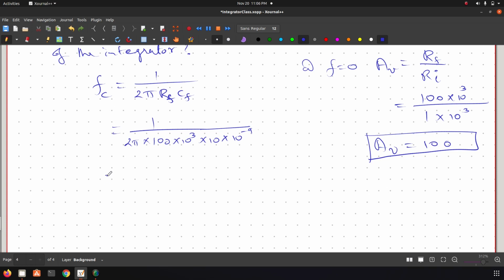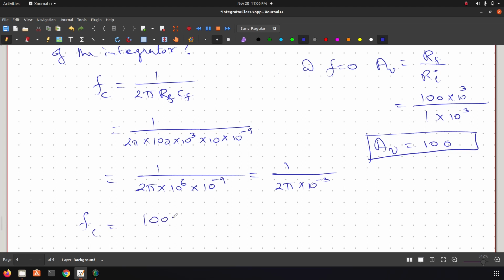Therefore it is 1 by 2 pi times, here we have 10 power 2, here 10 power 3, and here 10 power 3, so it totals to 10 power 6 into 10 power minus 9, which is equal to 1 by 2 pi times 10 power minus 3, or our low cutoff frequency is 1000 divided by 2 pi.